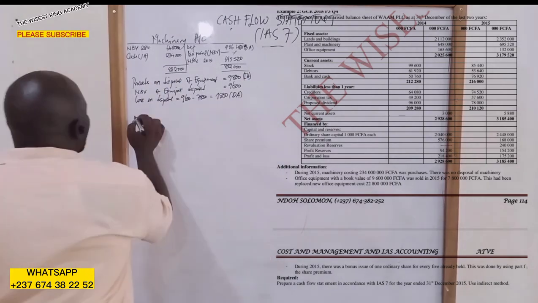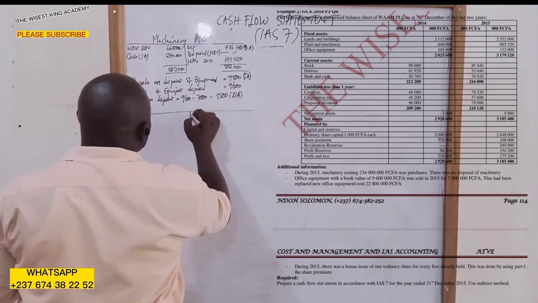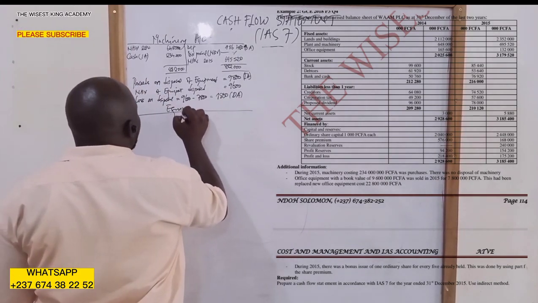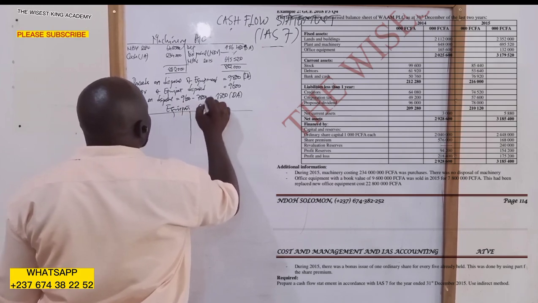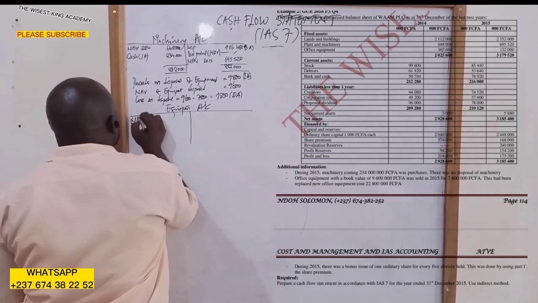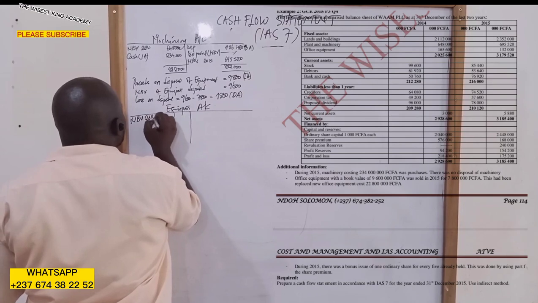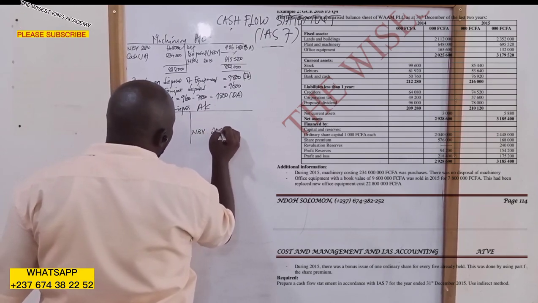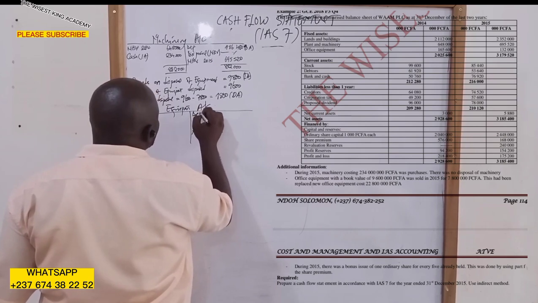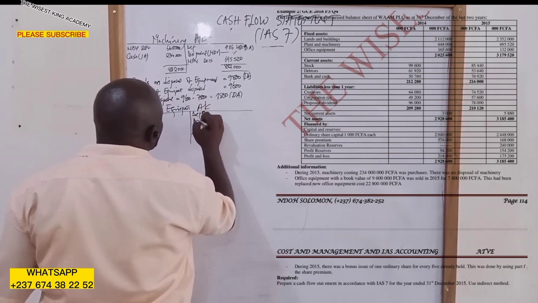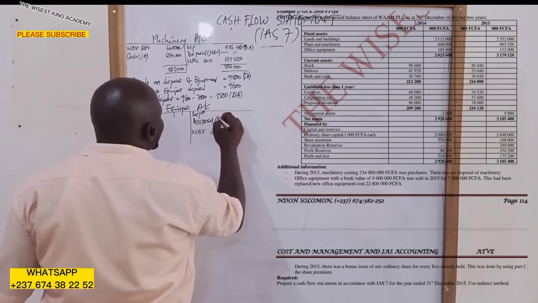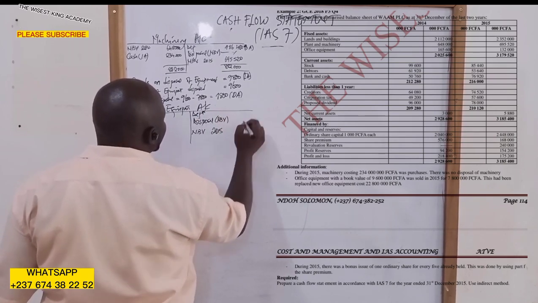Very, very important. Now, we don't know the value of depreciation, so we need to prepare the equipment account. Equipment account. Now we have net book value for 2014 and net book value for 2015. We have depreciation, which we don't know. We have disposal, which is actually the net book value of the asset disposed.